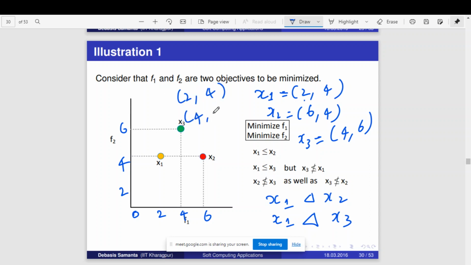Yes. See, this is f1. Okay, with respect to f1, what are the two conditions? First condition is what?